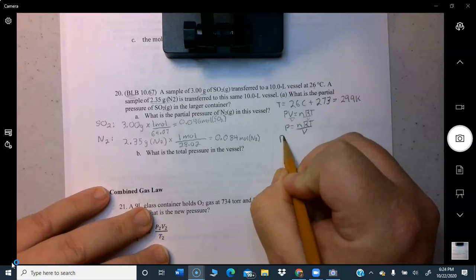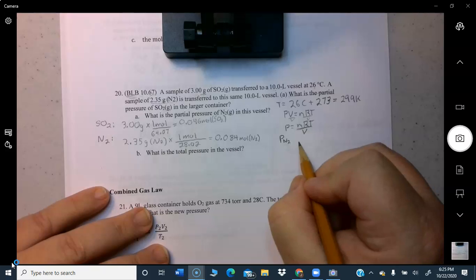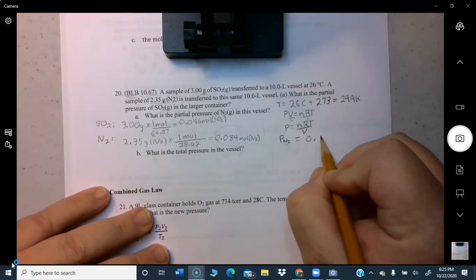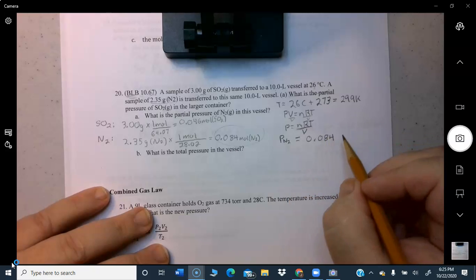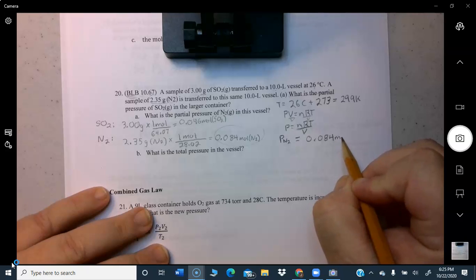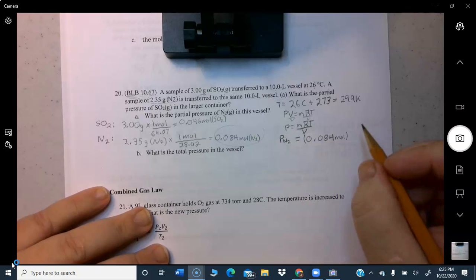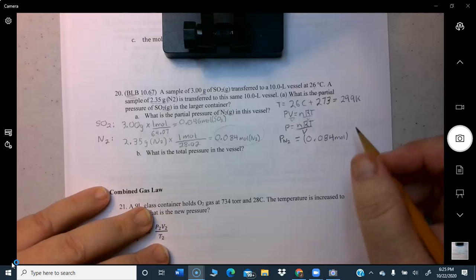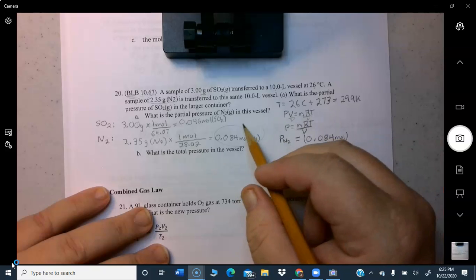So the pressure, the way you designate that is you use P with N2 subscript equals the number of moles is this. Okay, and that's moles. Just to conserve space, I'm not going to write the units here, but they will cancel to give you pressure in atmospheres, because that's what R is calibrated in.